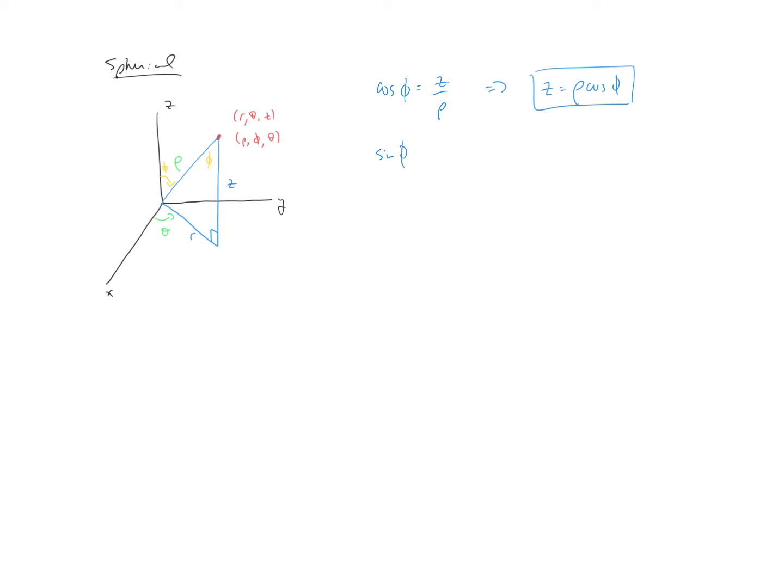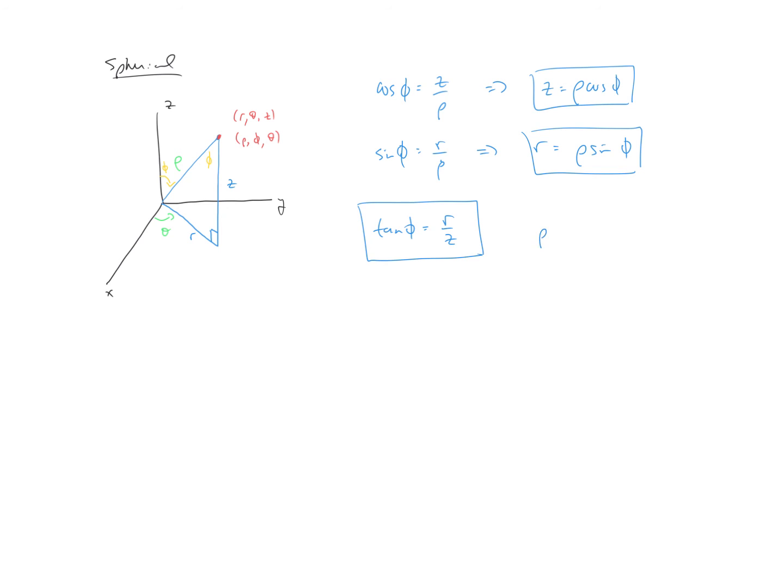That's an important one to remember. Similarly, sine of phi would be the r over rho, which means that r equals rho sine phi. Continuing down, the tangent of phi would be r over z, and I'll just leave that one sit as is.